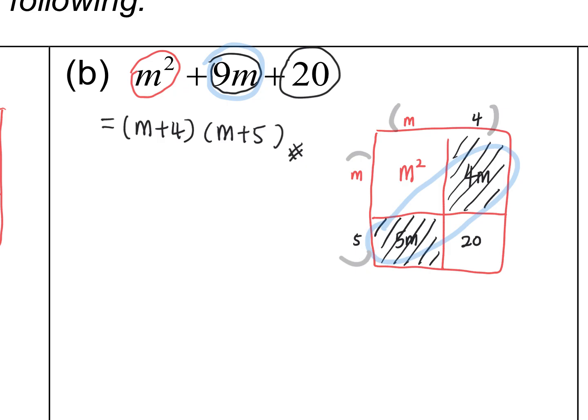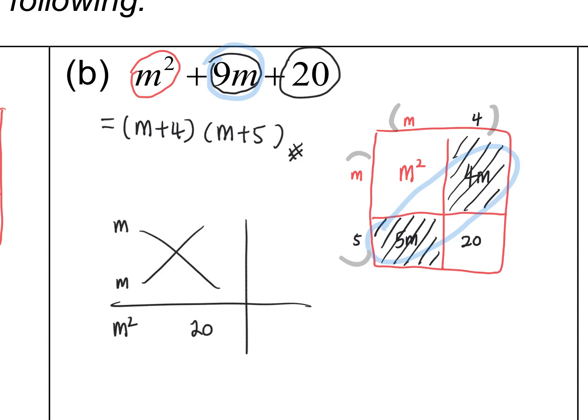Okay, alternatively, you can use this. So m times m. This is 20, so 4 and 5. Diagonally, you multiply. At the last column, these are your 2 answers.